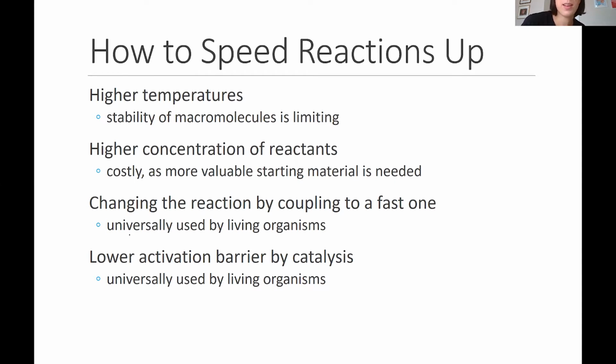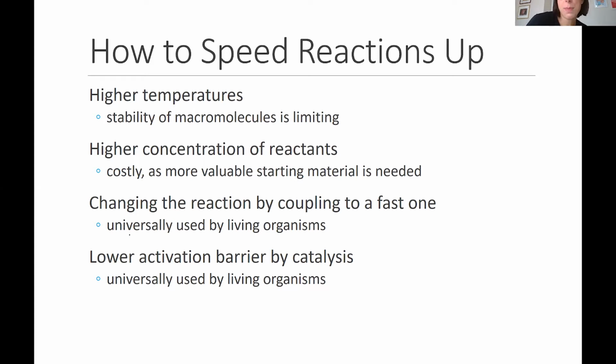You can use a higher concentration of reactants. This is something that is performed within organisms, but it is costly because you have to make a lot of starting material to use this as a way to speed up a reaction. That means you need to be taking in glucose all the time so that you have a ton of glucose so that you could push it to make other things.